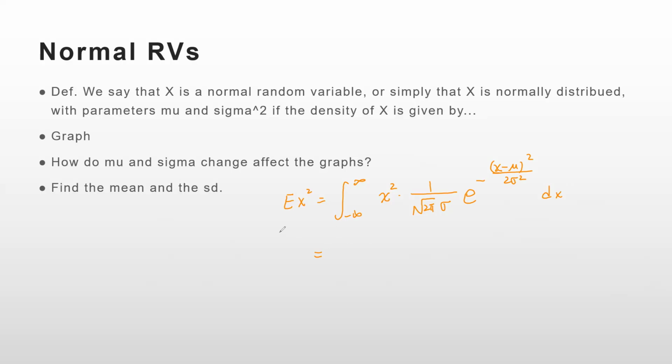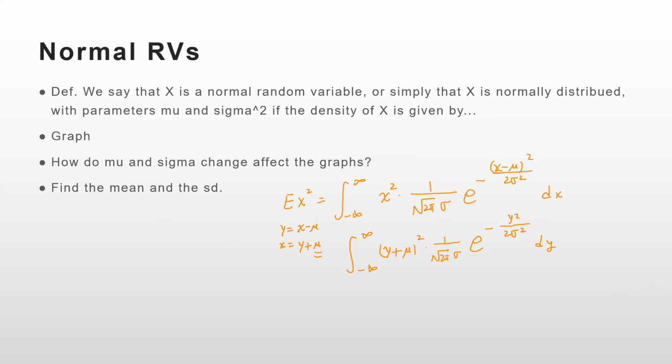So again, you have y equals x minus mu, x equals y plus mu. The lower limit and upper limit don't change. We just did that. So I have y plus mu squared times 1 over the square root of 2 pi sigma e to the negative y squared over 2 sigma squared dy. dx and dy are the same.